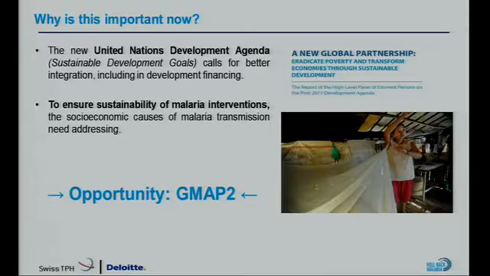So we believe that the GMAP2 that is currently being drafted will offer the opportunity to push that multi-sectoral action framework forward, and that we'll all be able to do for malaria what UNAIDS, for instance, has been able to do for HIV, which is to push the fight against the disease outside of the health sector and engage all sectors of society in this common goal.